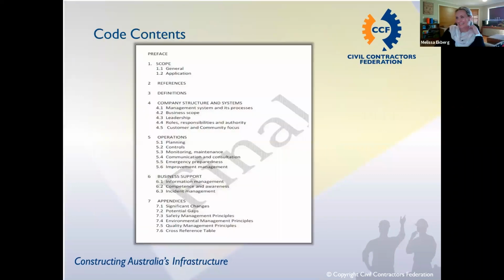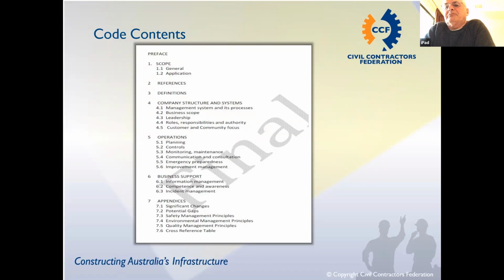Right. Well, let's have a look at the next section. As I mentioned to you, this is the general breakup of the code. You can see the company structure and systems is a fair bit. Most of that you should have in place. Management systems and process, business scope.